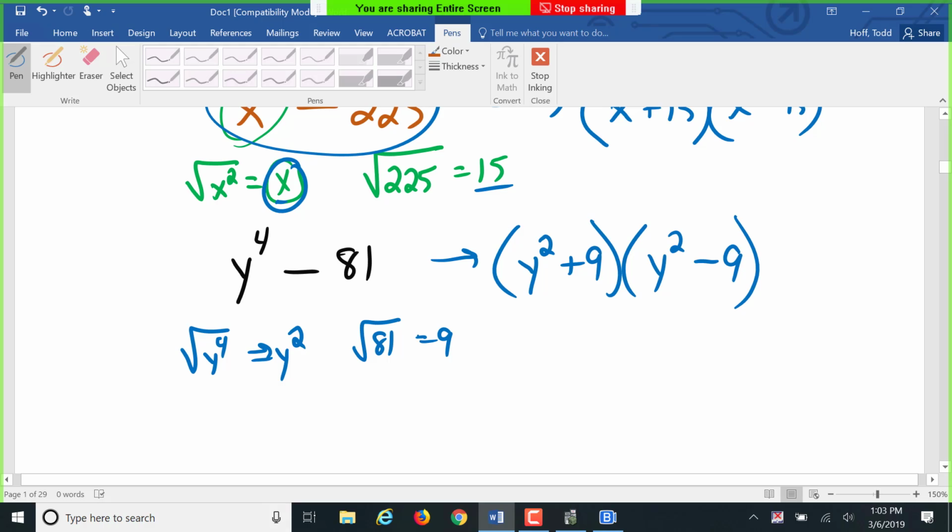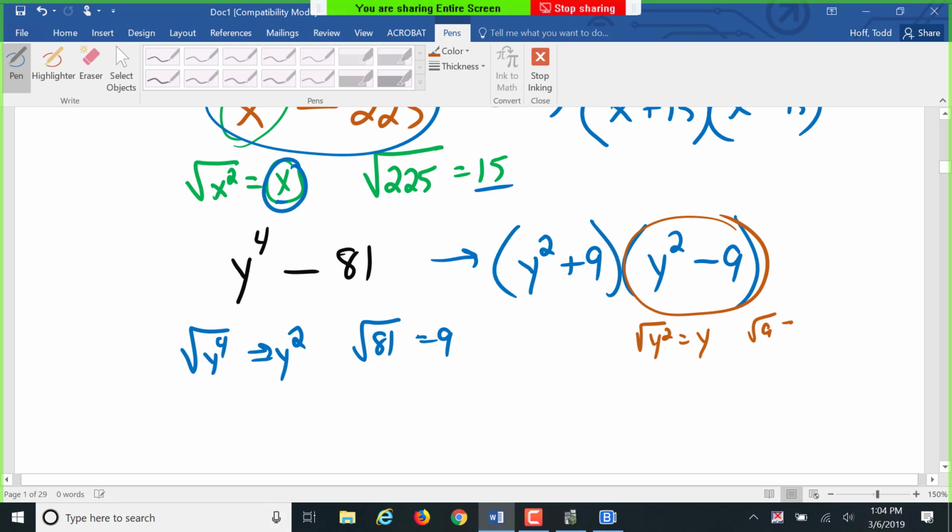Now I threw this problem here a little early in the game on our difference of perfect squares. But does anybody see an issue with those two factors we just got? Actually, one of the two factors we just got. Yeah, this one, y squared minus 9, is still the difference of perfect squares. The square root of y squared is y.